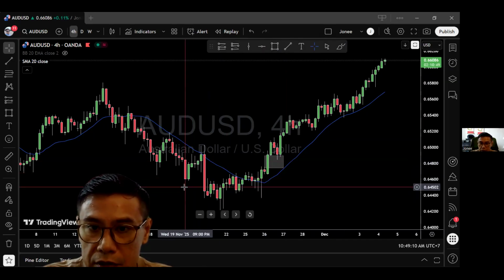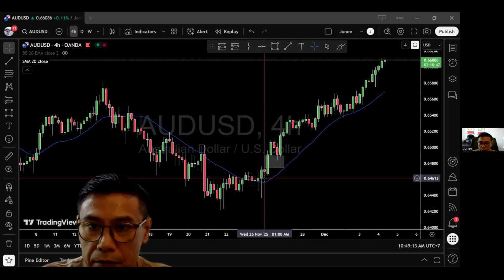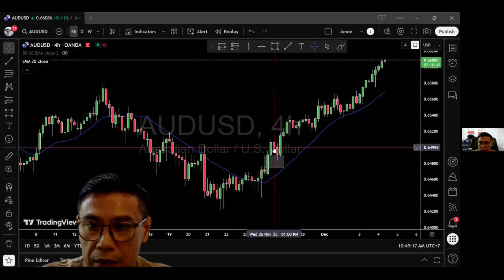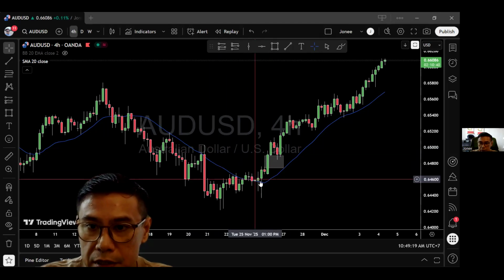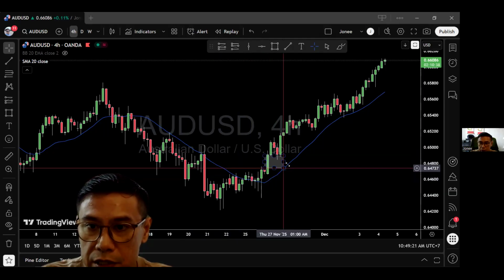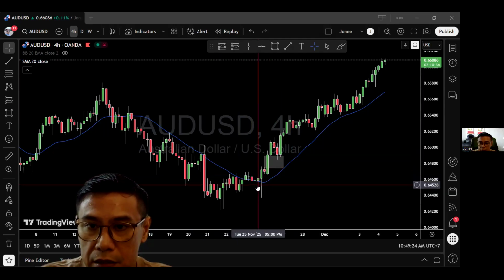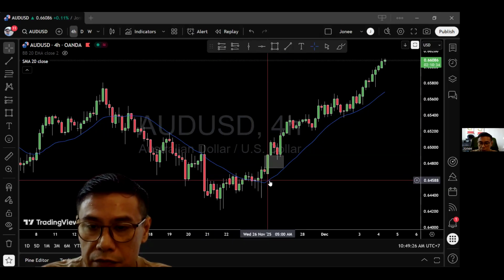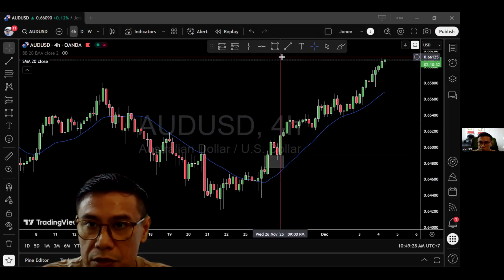So in this case, after the liquidity grab, a 4-hour bullish fair value gap has formed. And it so happens that this is also above the 20 SMA, which means that the bias has shifted from bearish to bullish.